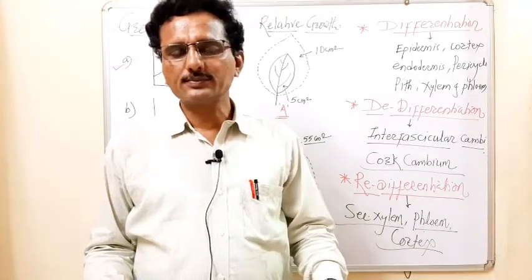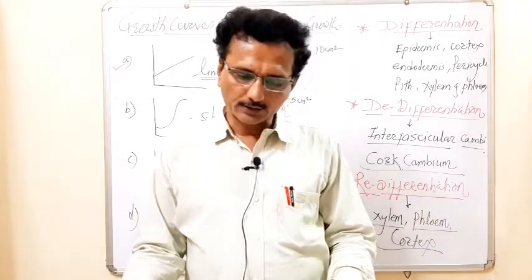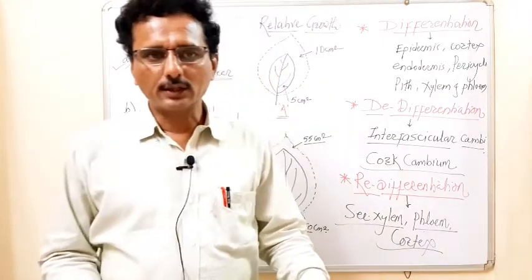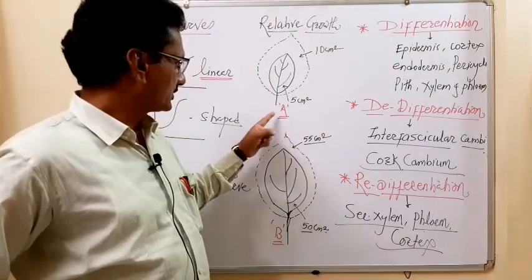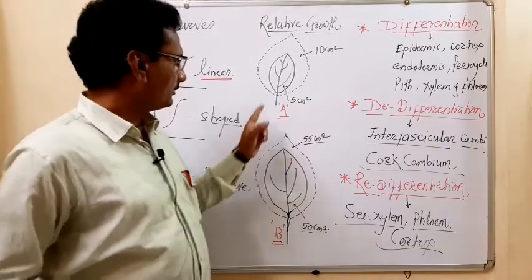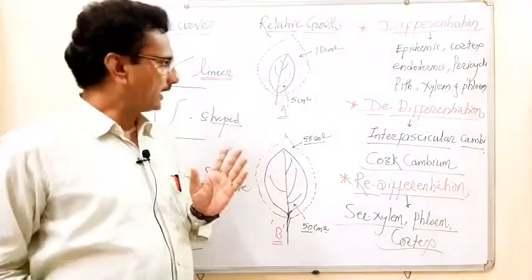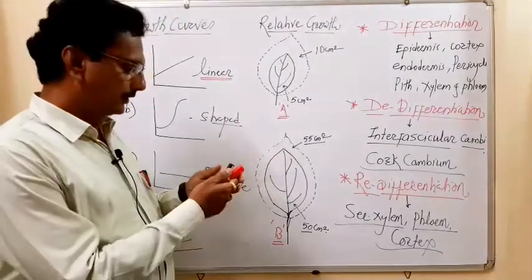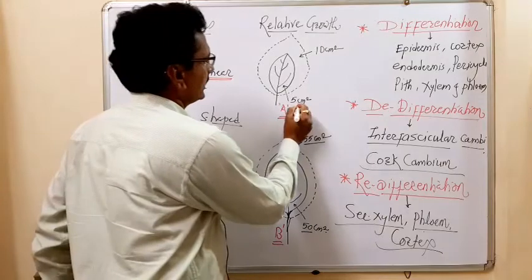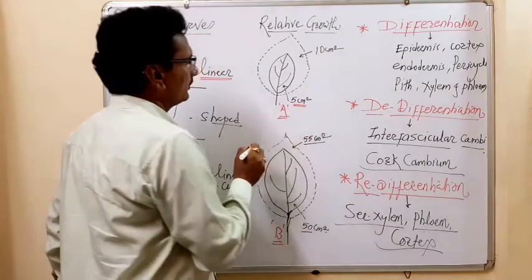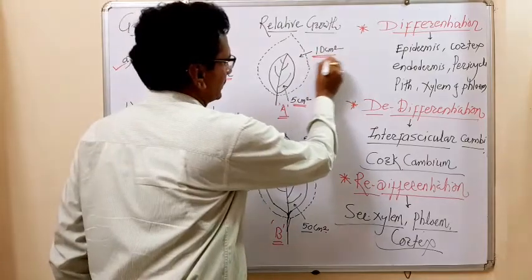So student, with respect to relative growth, see question number 13. This question is based on the two systems, system A and system B, meaning leaf A and leaf B. In leaf A, the initial growth is 5 centimeter square, and the final growth is 10 centimeter square.